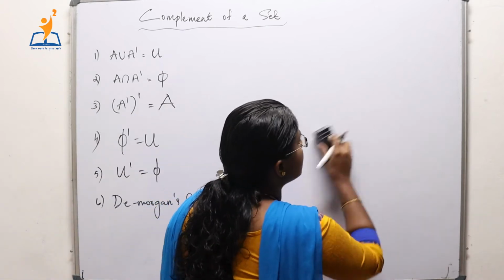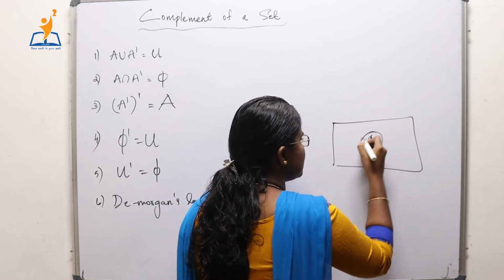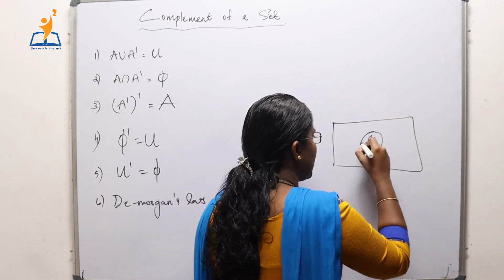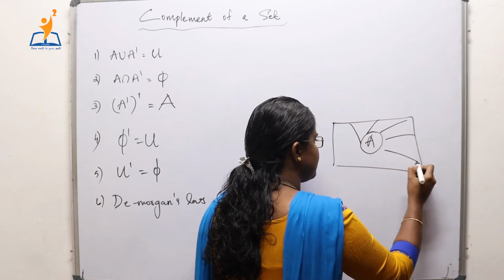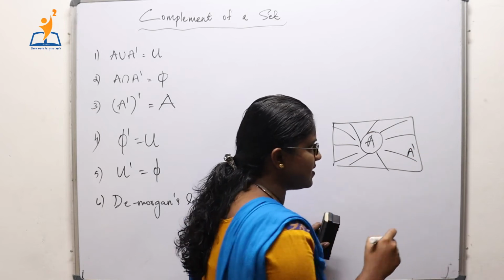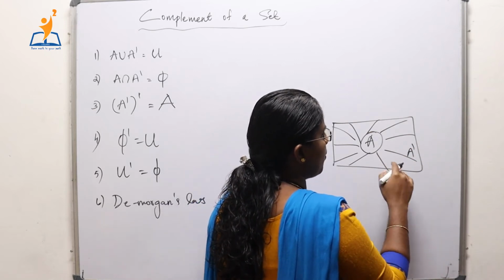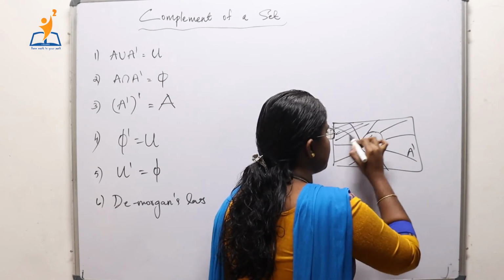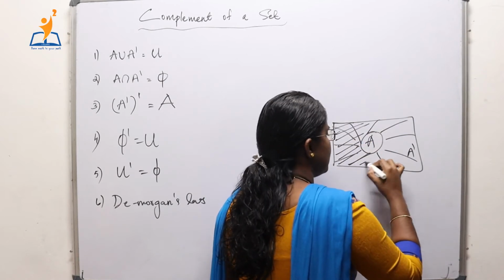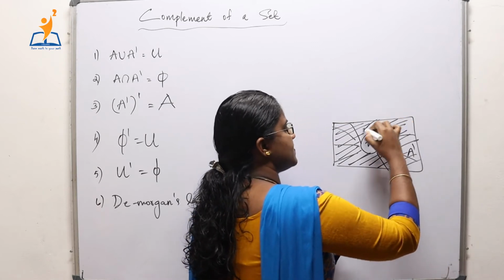A complement the whole complement. So if this is our set A, then A complement is this. Now what is the complement of A complement? That is the complement of this region. What is the complement of this region?